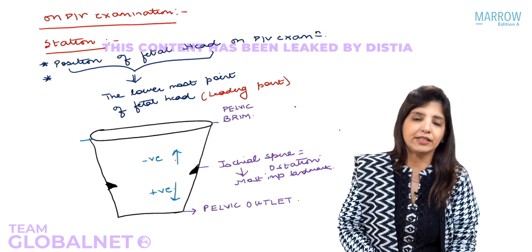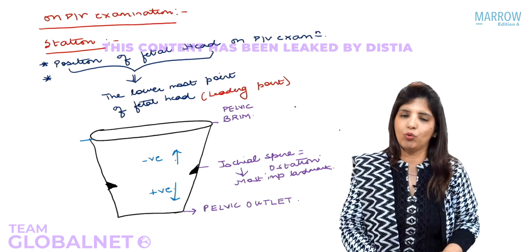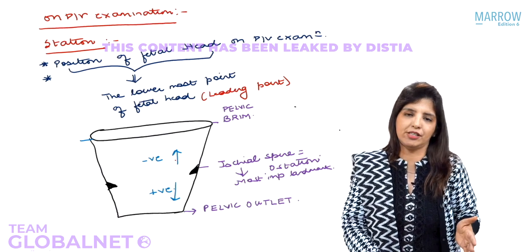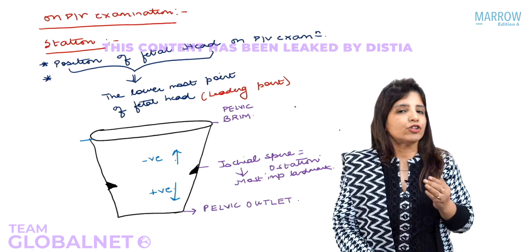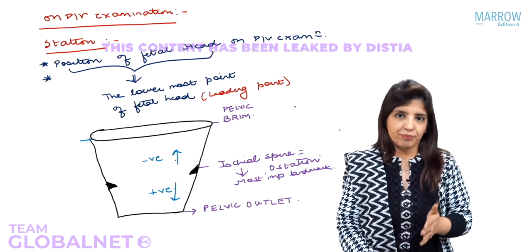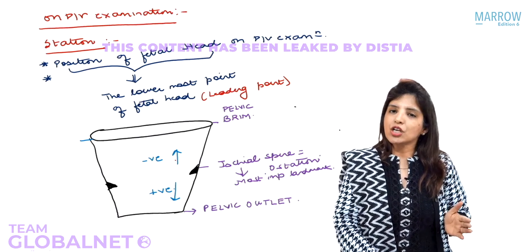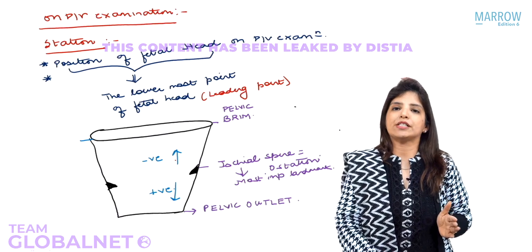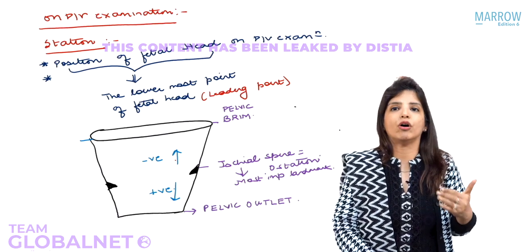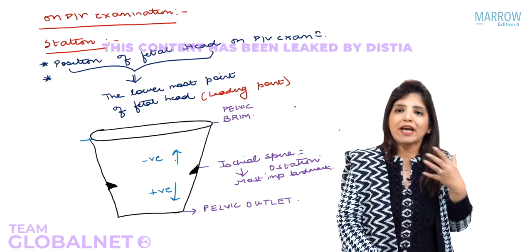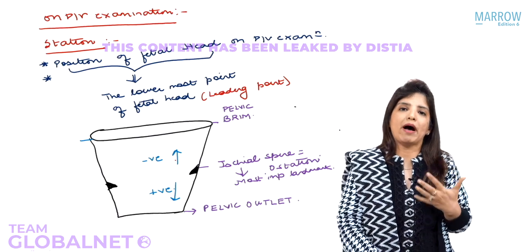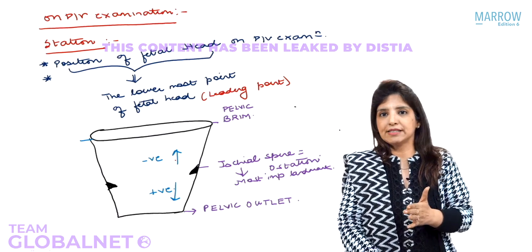Right? So I'm repeating the definition again. Nothing to see over here just now. First, understand the definition. Then I will lift the pelvis in my hand and I'll show you this. Right? So what is station of fetal head? Station of fetal head is the position of the fetal head with respect to the ischial spine on per-vaginal examination.